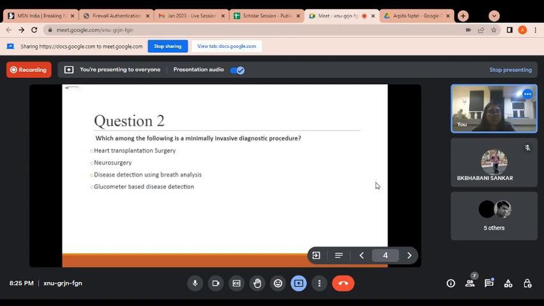No. For the detection of the glucose, we put a drop of blood on the glucometer, then it detects. It is not inside the body, or it is not properly outside, na? We put a drop of blood, then it detects. So it is called minimally invasive, right? Okay.